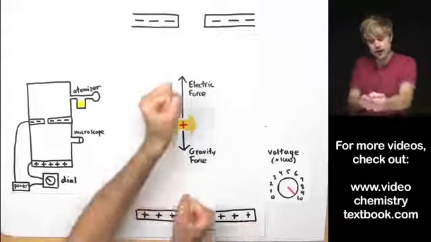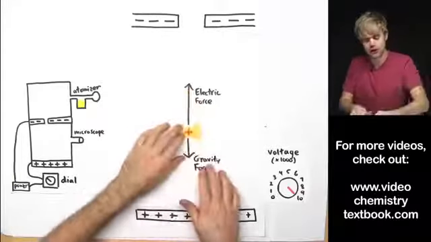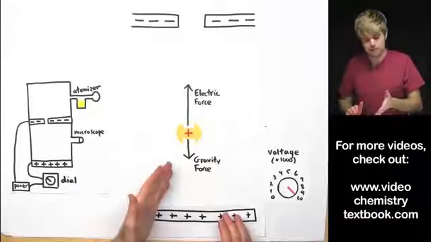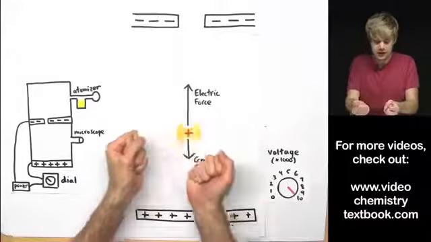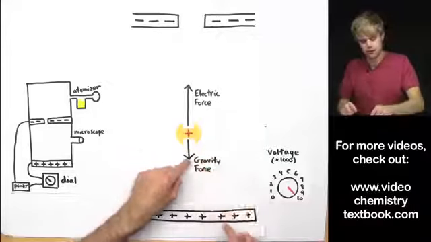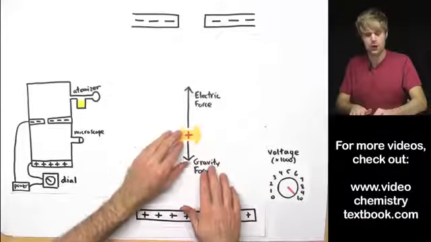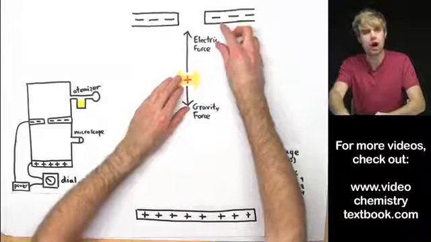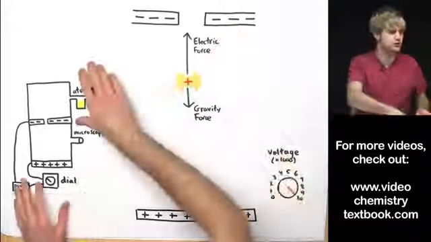Since they're trying to cancel each other out, the electric force is going to win because it's much bigger. It doesn't matter that the gravity force is pulling down because the bigger force is moving up. So the oil drop is going to move upwards because the electric force is winning.